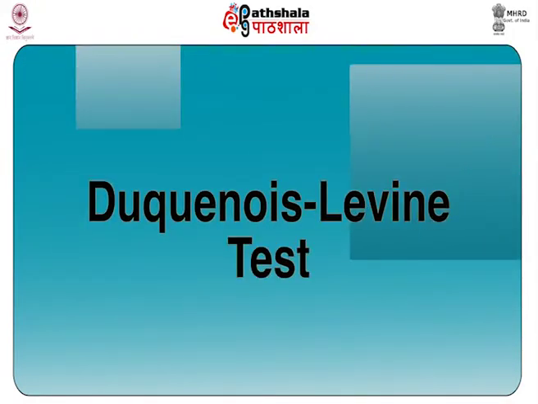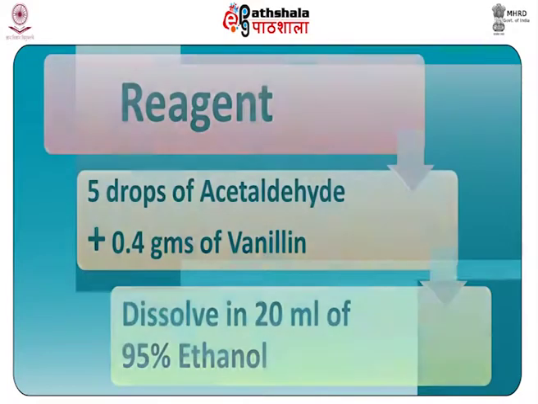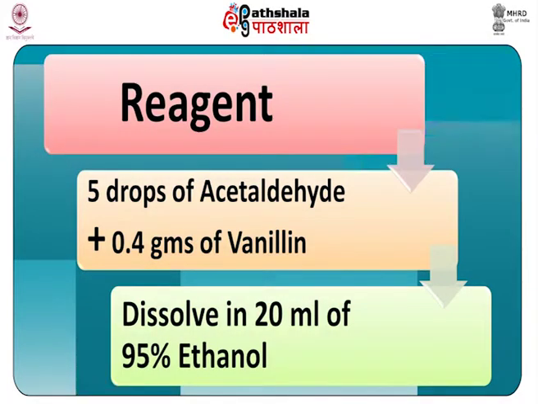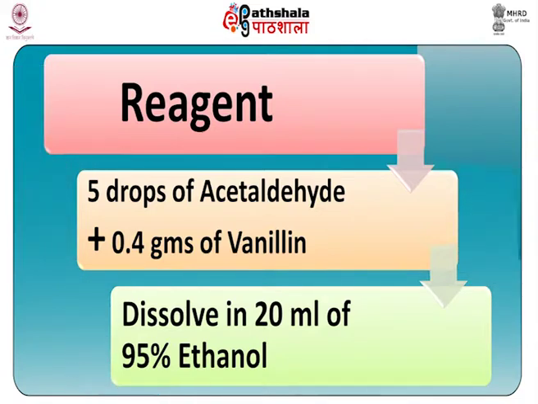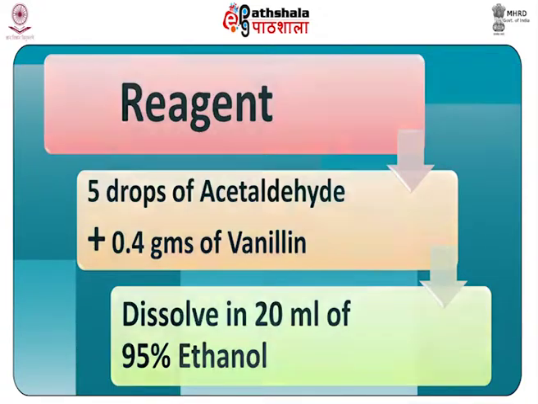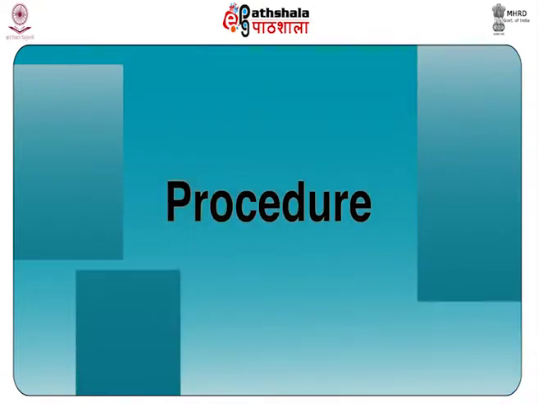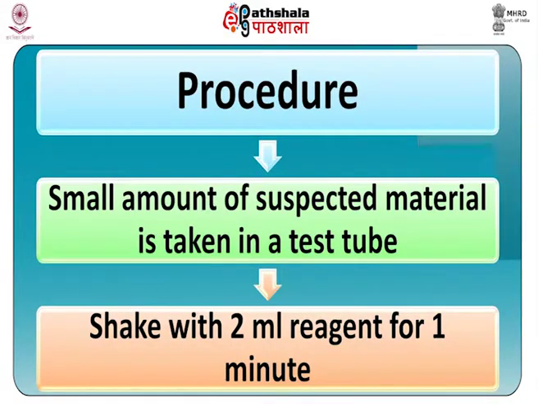Next is the Duquenois-Levine test. First is preparation of reagent. 5 drops of acetaldehyde and 0.4 grams of vanillin are dissolved in 20 ml of 95% ethanol. Next is the procedure. A small amount of suspected material is taken in a test tube and shaken with 2 ml reagent for 1 minute.